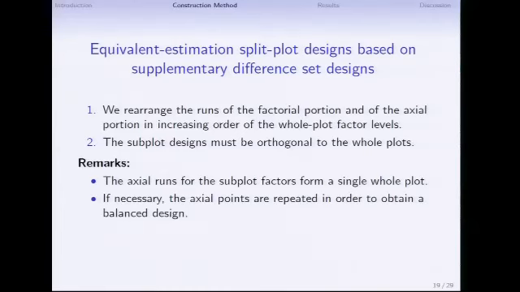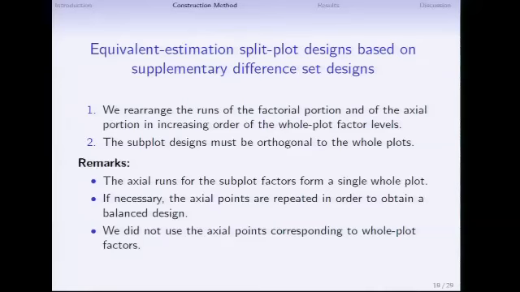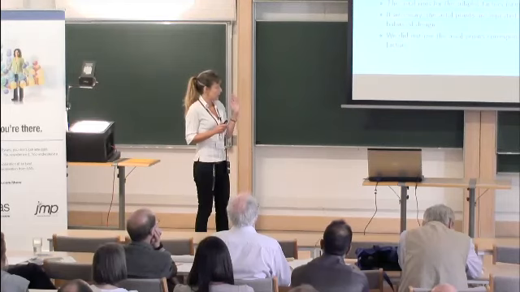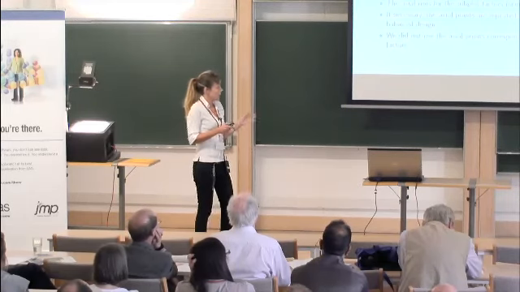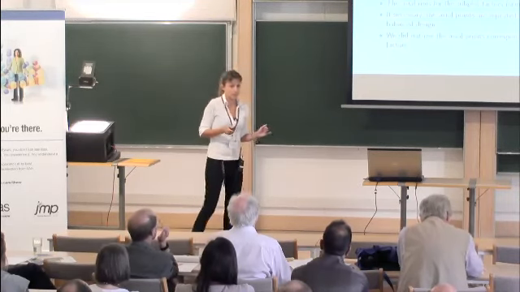If necessary, the axial points are repeated in order to obtain a balanced design. And in this construction, we did not use the axial points corresponding to the whole plot factors. Again, these designs have the same attractive properties as the subset designs. The difference with the subset designs is that from this construction method, we obtain designs that are always more appropriate for the spherical design region.